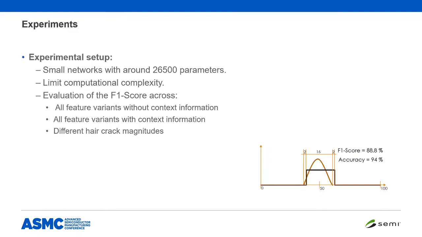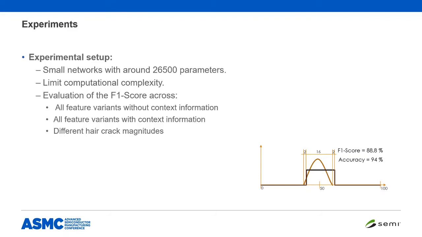The next point is the experiments. Our experiments focus on small networks with around 26,500 parameters to limit the computational complexity of the model in order to run on the embedded device. We will be evaluating the F1 scores across our proposed feature variants using no context information, and then again using the context information provided by the upper and lower edge channel information.